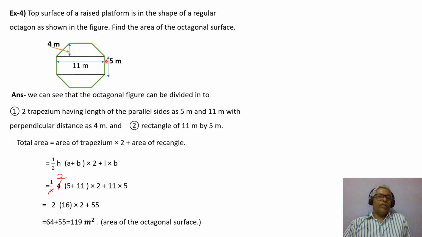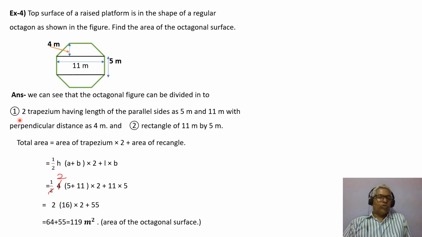So this is 5, this is 5, this is also 5, and this is 11 meters. So we have this length, and this is given 4 meters. So we can calculate the area of this. Similarly, this will be the same as this, and if you multiply this by 2, you can cover this area. And this is a rectangle with 11 meters and 5 meters, very easy.